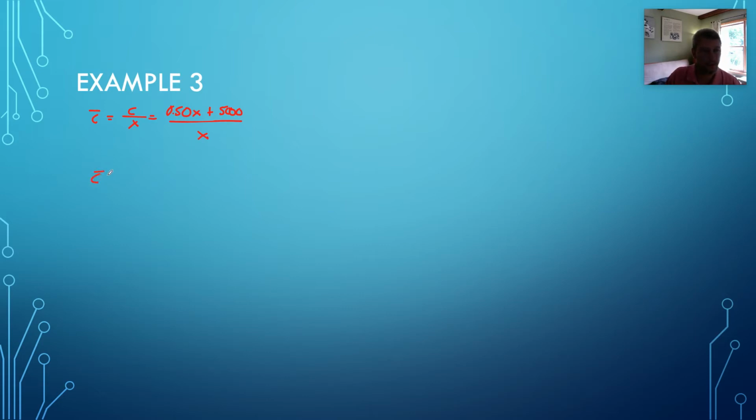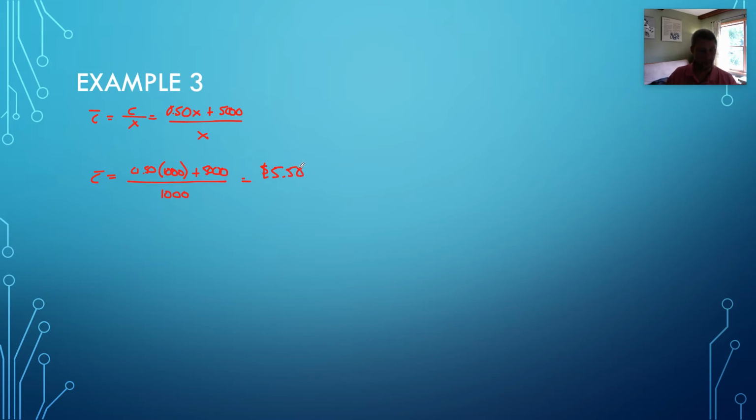So if we have 1,000 cards, it's going to be 0.50 times 1,000 plus 5,000, all divided by 1,000. And if you do a quick bit of math, half of 1,000 is 500. That plus 5,000 is 5,500. Divided by 1,000 is going to give me a grand total of $5.50.